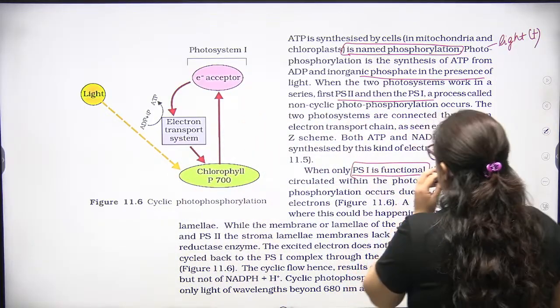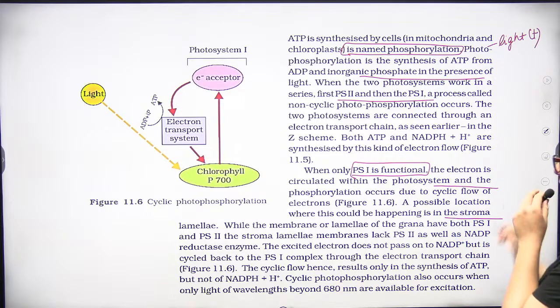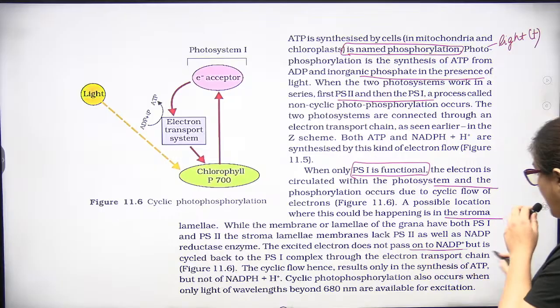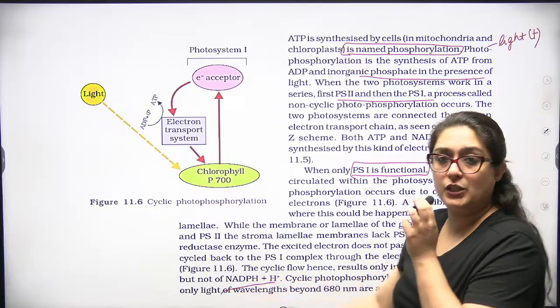When only PS1 is functional, the electron is circulated within the photosystem. A possible location where this could be happening is in the stroma lamellae. The excited electron does not pass on to NADPH. Cyclic flow hence results in the synthesis of ATP, but not NADPH plus H plus.